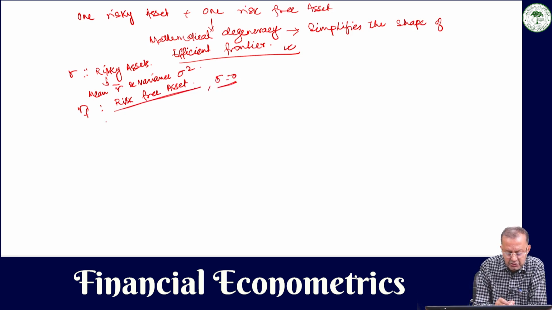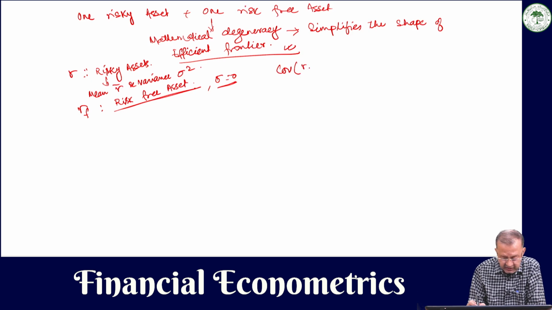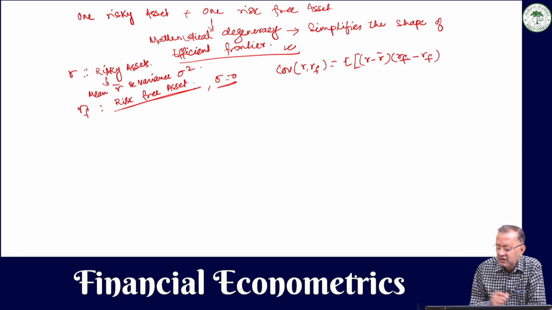For these two assets, the covariance between R and RF will be equal to the expected value of R minus R bar times RF minus RF mean. Because it's a fixed asset, the mean value will be the same. So the covariance between these two will be equal to 0.